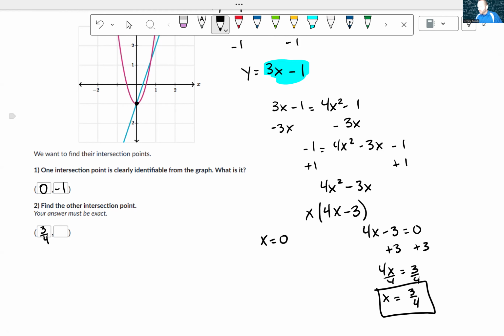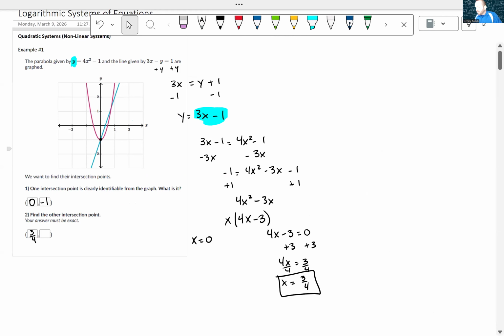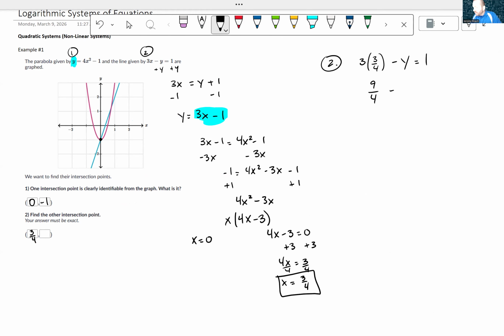Then we're just going to plug in 3/4 for x in either this first equation or this second equation to get what y is. We're going to use the second equation. That's a little bit easier of an equation. We don't have anything to square there, so it's a little bit easier to solve, I think. So we'll do that. That's 9/4 minus y equals 1.